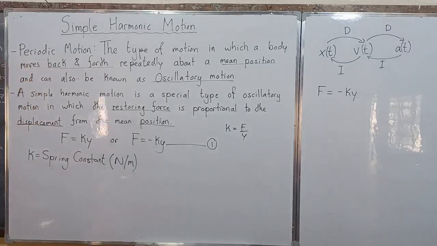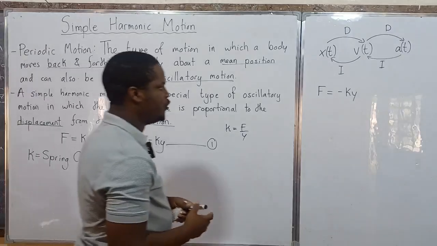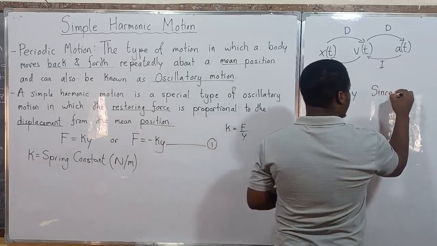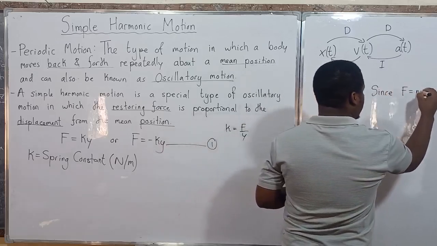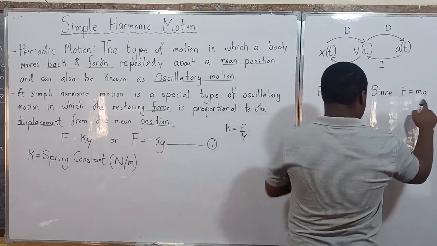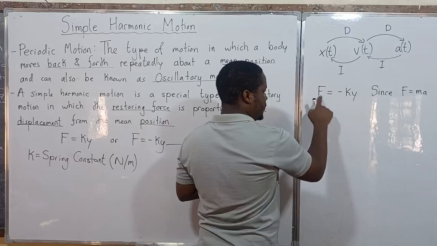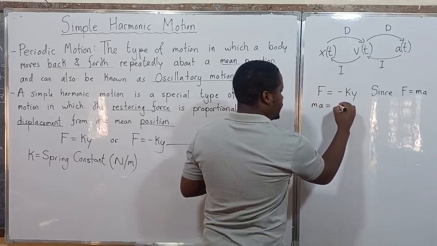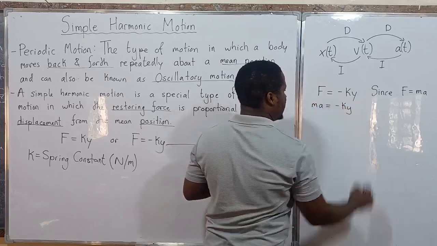According to Newton's second law of motion, force is a product of mass and acceleration. So we can substitute where there's force, we'll put ma. So ma is equal to negative ky.